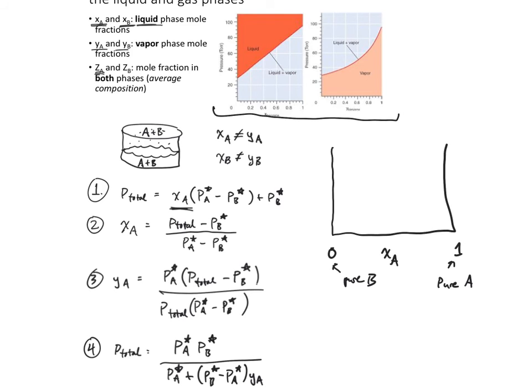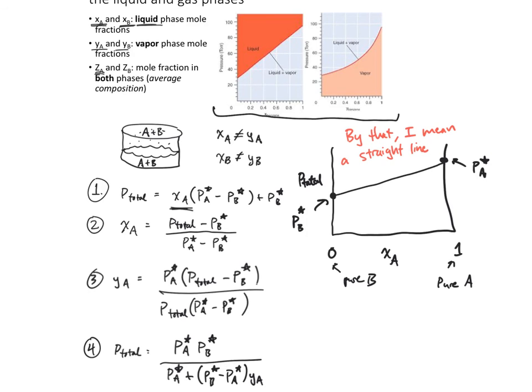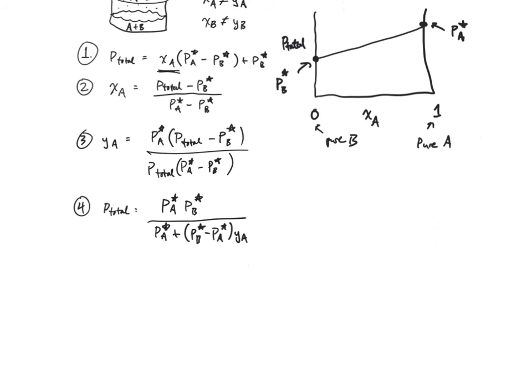And then over here on this plot, I'm going to have the total pressure of the vapor above the solution. So if I had pure B, then hopefully you recognize that this is going to equal the vapor pressure of pure B. And then over here, since that is just pure A, that's going to be the vapor pressure of pure A. And this line is going to be linear. Okay? So that's how the liquid mole fraction determines the total pressure of the system.